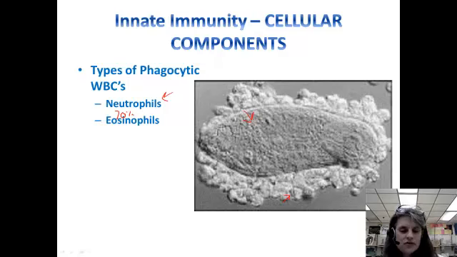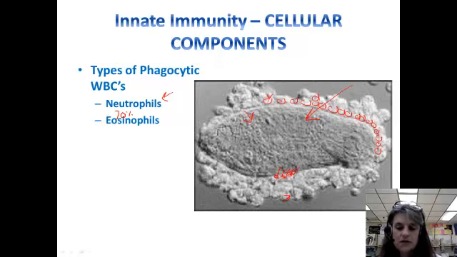Okay, eosinophils. This is a teeny-weeny baby worm, and these things all out here are eosinophils, white blood cells designed to attack large invaders, like a multicellular worm. What they do is they snuggle up to it, and then they squirt chemicals on it because this one little guy cannot phagocytose this great big huge worm.